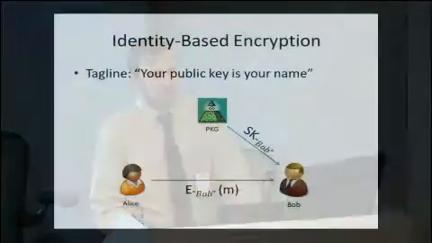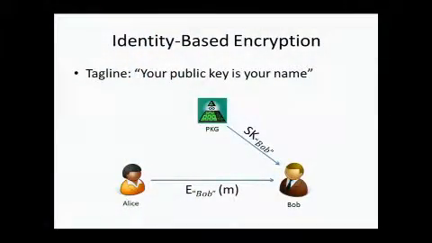So in order for him to read the message, he's going to have to get a secret from somewhere. So there's this other entity, the PKG, which stands for private key generator, who holds sort of a master secret key. And after Bob has appropriately proved that he's Bob to the PKG or done something else out of band, the PKG will send him a secret key that corresponds to his name.